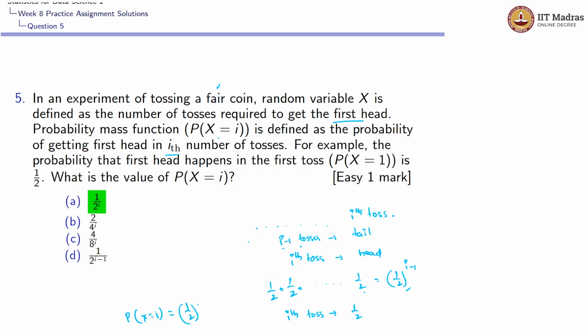The probability for that would be 1 by 2 whole power i minus 1, and I should be getting a head in the next toss. For that it would be 1 by 2. Total probability would be 1 by 2 whole power i.